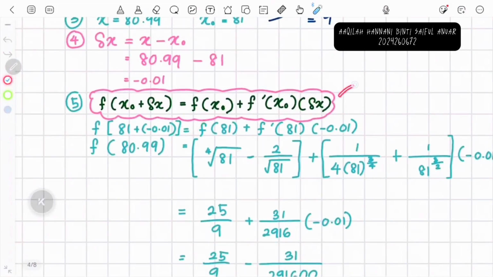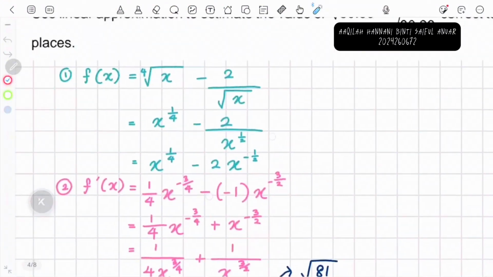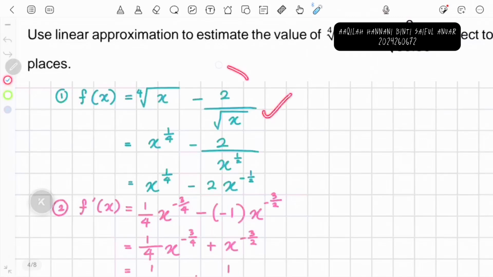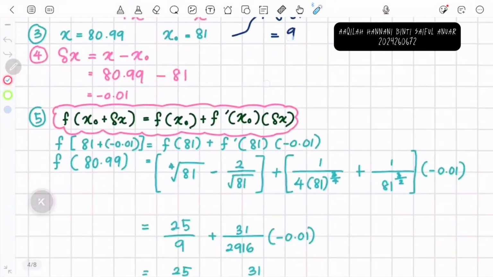For the last step, we use the linear approximation formula and we just substitute the values that we already found. For your information, this number needs to be the given value from the equation. For f, we need to substitute 81 into this equation, so it will become like this.